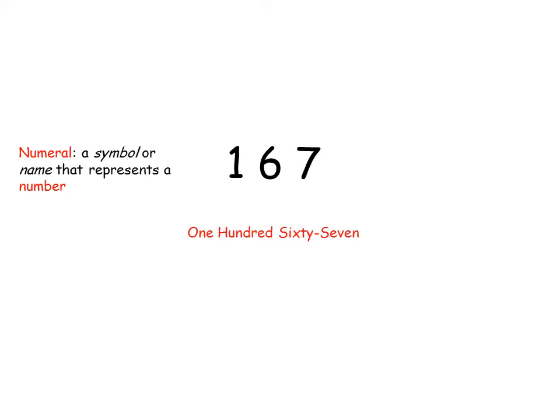Looking at the 167, that's actually a numeral in base 10 for the number 167, or the numeral name 167. So in this case, the 167 is the symbolic numeral. The 167 in words is the numeral name.